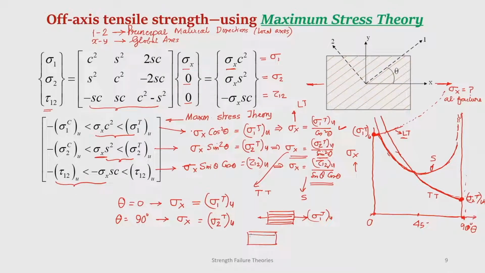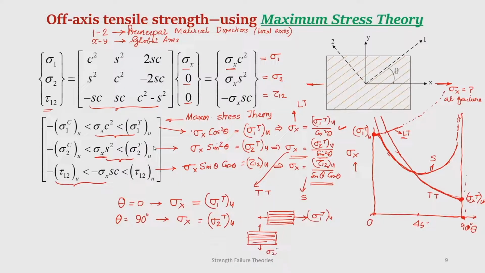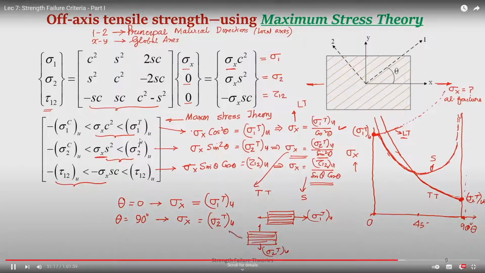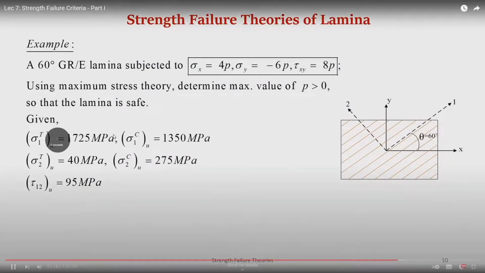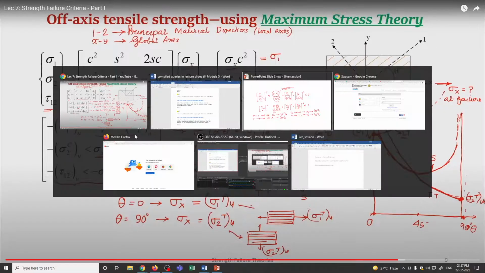Now if you look at the maximum shear stress criterion, there are, as I told, 5 different criteria, depending upon the sign of sigma 1. Say in this case, can I go to this, writing this thing?